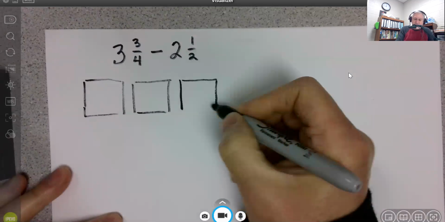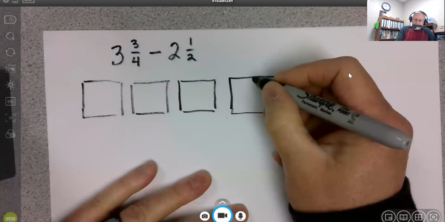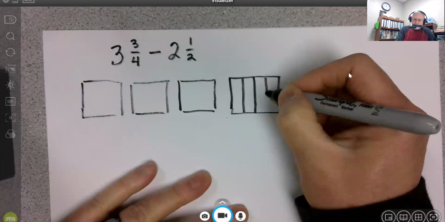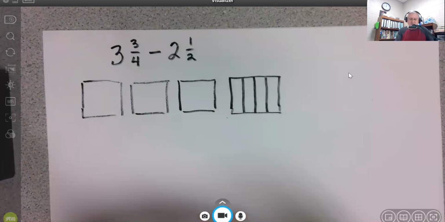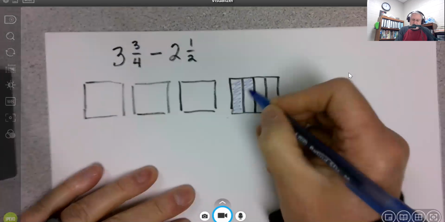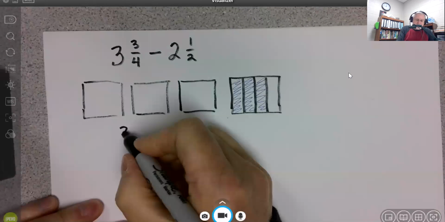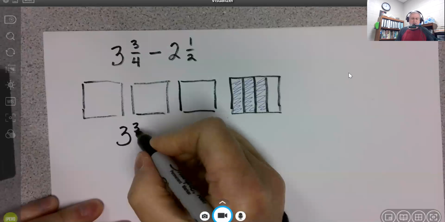And then show 3/4. Shade in 3 parts. Okay. And I know that represents 3 and 3/4.